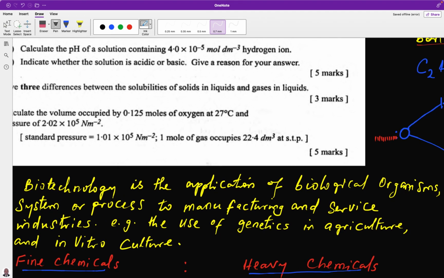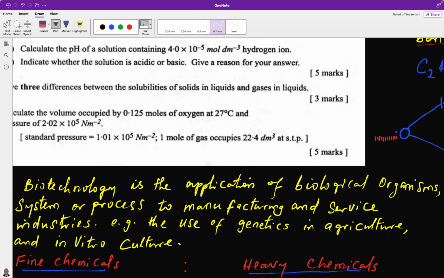Biotechnology is the application of biological organisms, systems, or processes to manufacturing and the service industry. For instance, I am saying the use of genetics in agriculture.